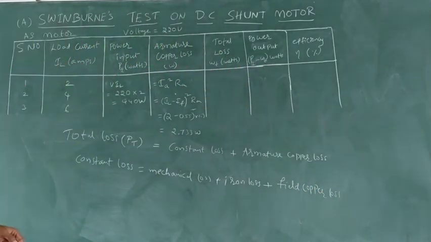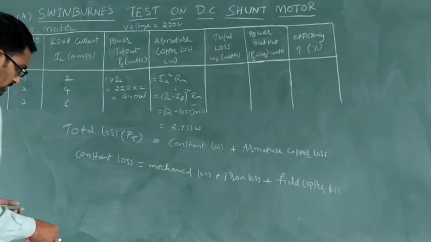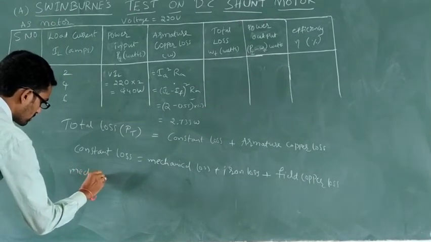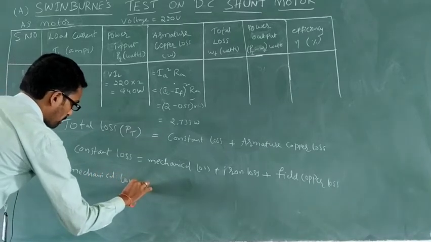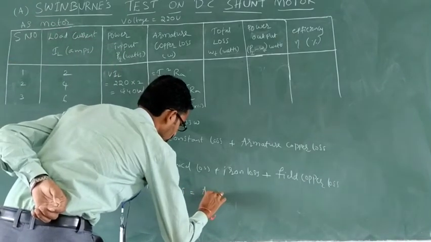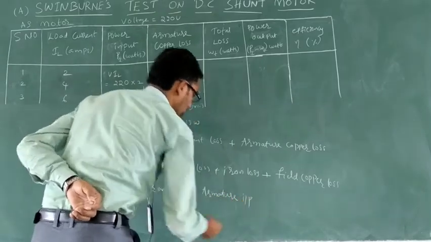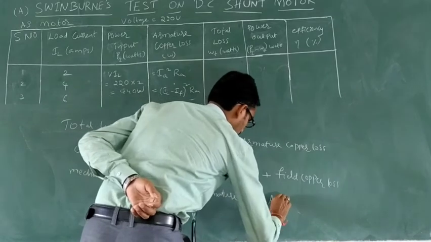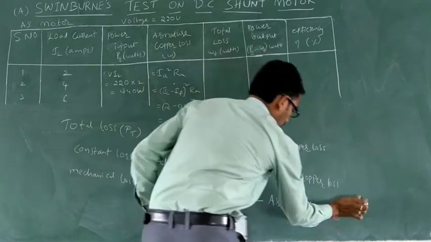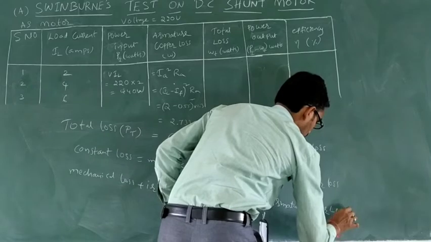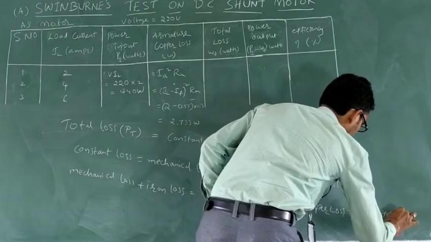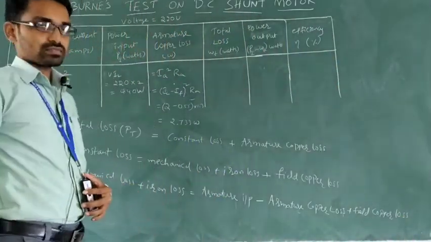If I calculate this mechanical loss plus iron loss, the formula is armature input minus armature copper loss, plus armature copper loss plus field copper loss, okay.